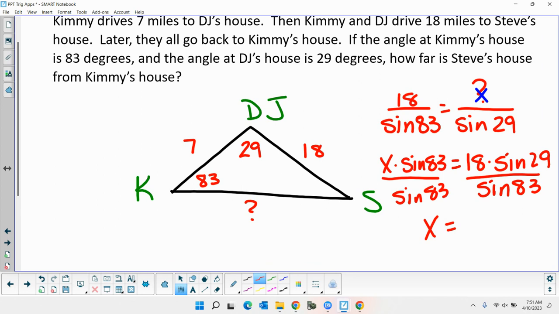And that's just going to give us how far it is. All right. And when you do that, again, make sure you're in degree mode, right? That comes out, I got 8.8. That would be miles, since they're talking about miles.